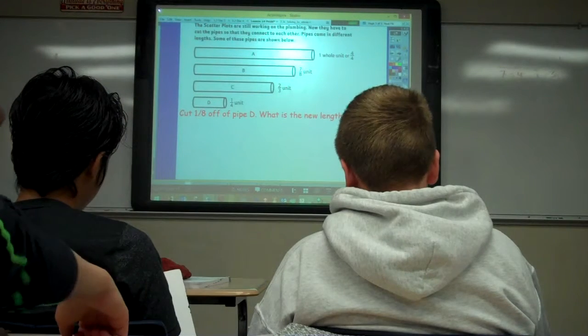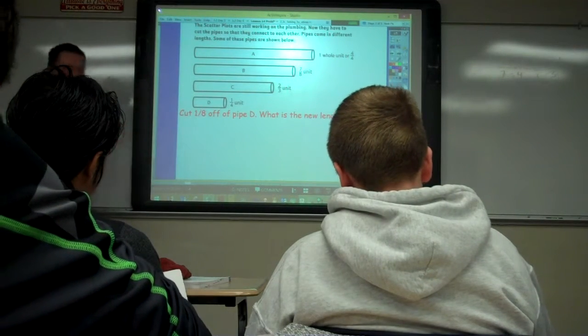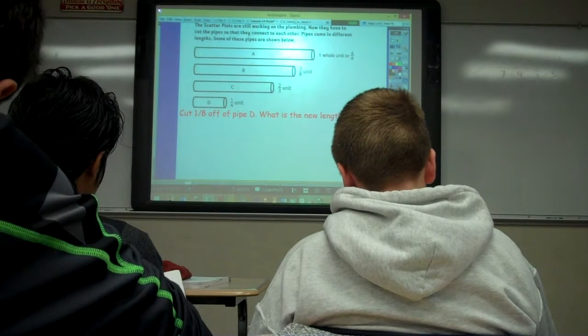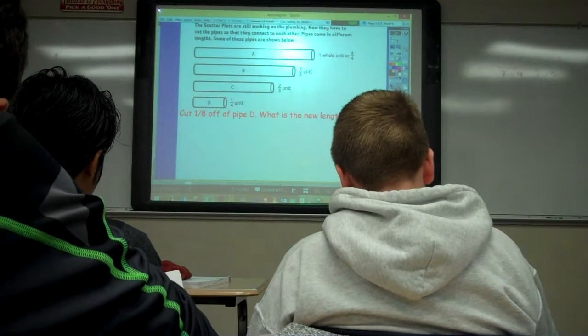You're cutting 1/8 of a unit off of pipe D. Okay, so take your fraction for pipe D. You told me cutting off was subtracting. And you're subtracting 1/8.